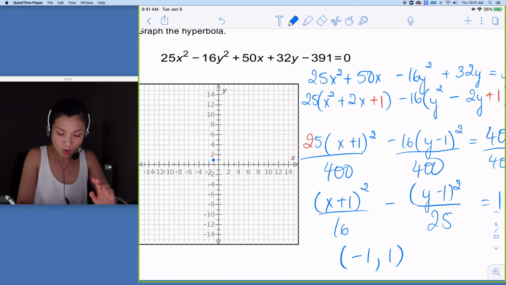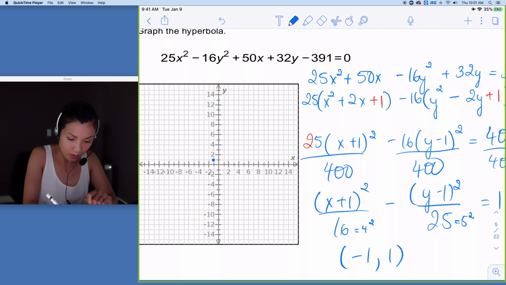And then for x, left and right is going to be 4 because 16 is 4 squared. 25 is 5 squared. So 4 squared, we have 1, 2, 3, 4 on each side. And then up and down 5: 1, 2, 3, 4, 5 each way.